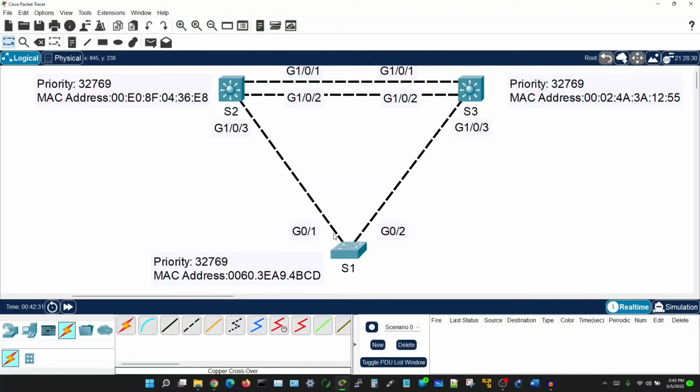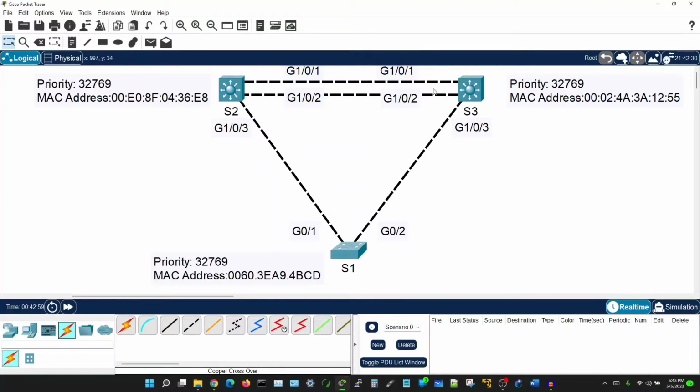First, to make sure we had the correct information, let's deal with switch 1. So the root port for switch 1 should be gigabit 0/2. And for the other one, between these two, we need to figure out which one is going to be the designated port.